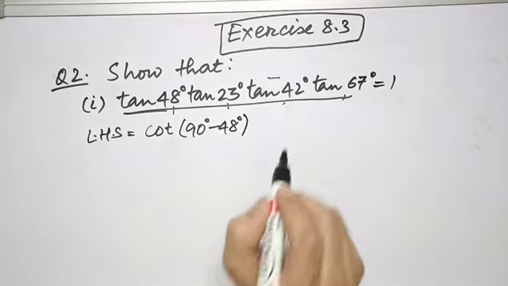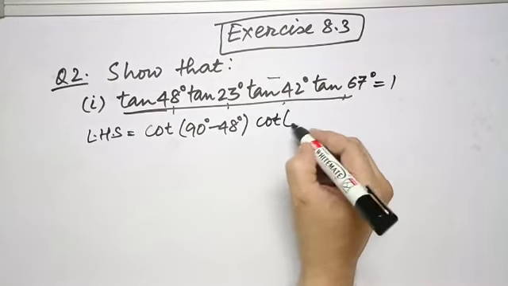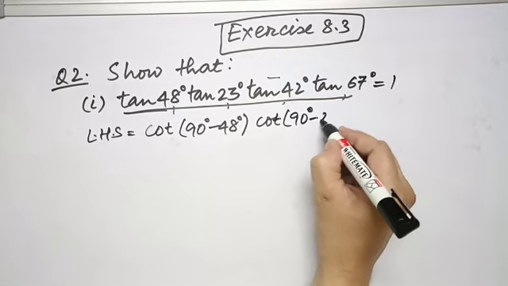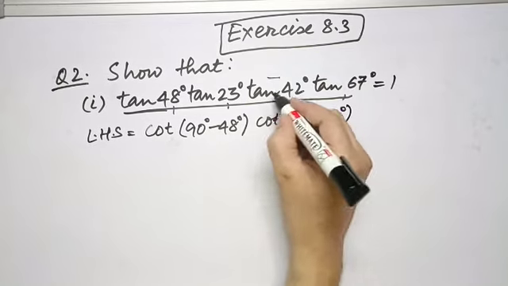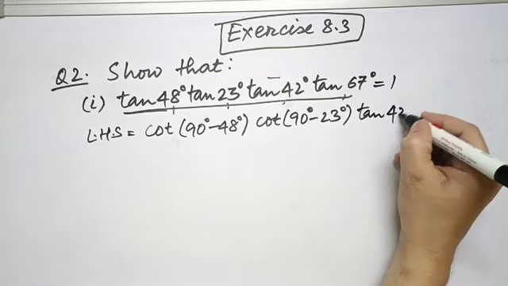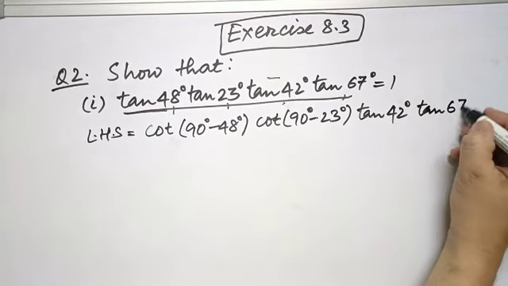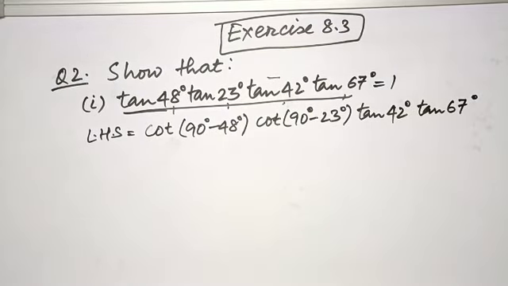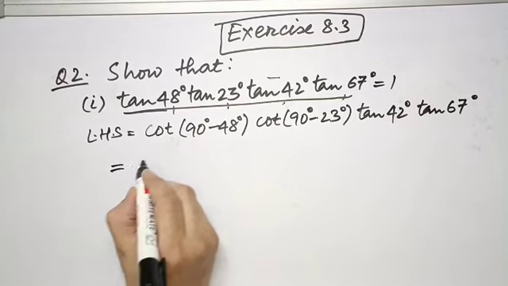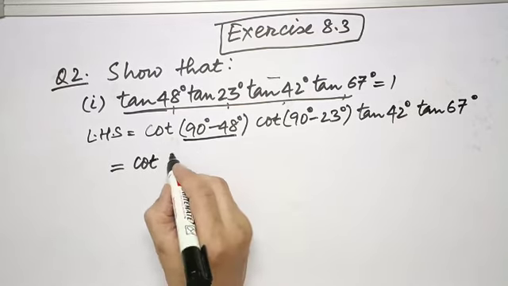I'll keep this same, and this tan I'll write as tan 90 degree minus 23, and these two terms are going to remain the same. Got it? Okay, this much. Again I'll write cot as cot, and if I subtract these two, I'm going to get 42.